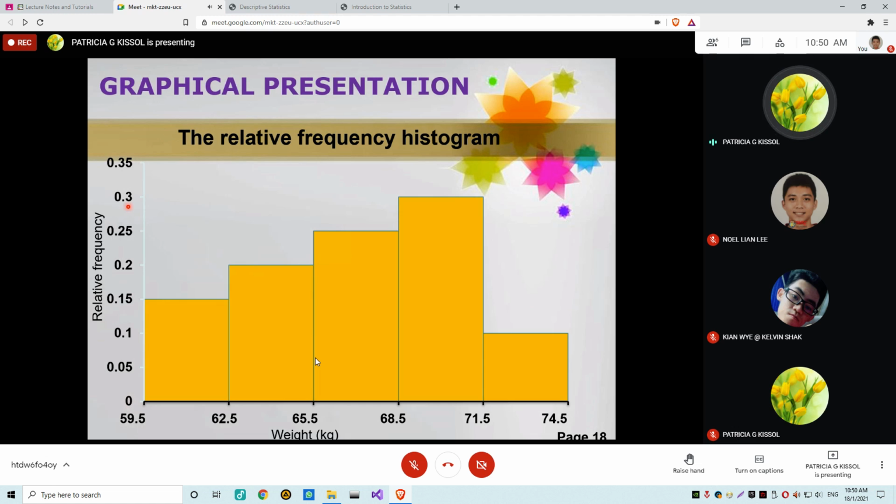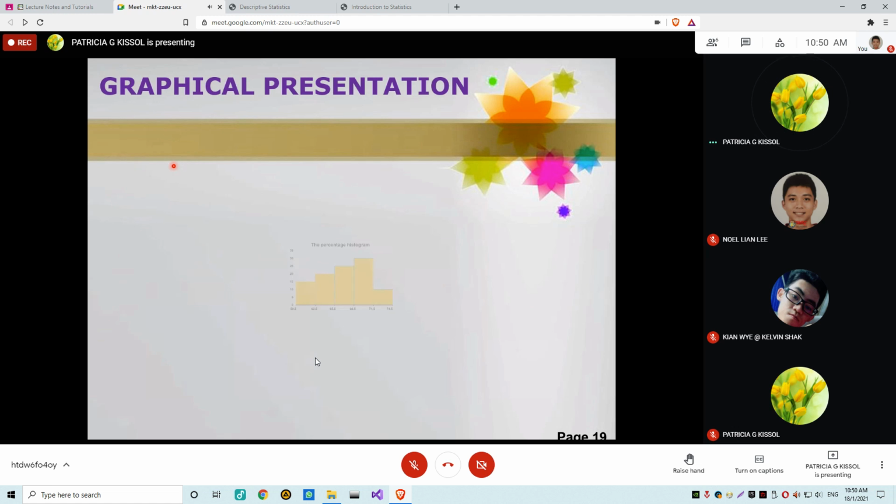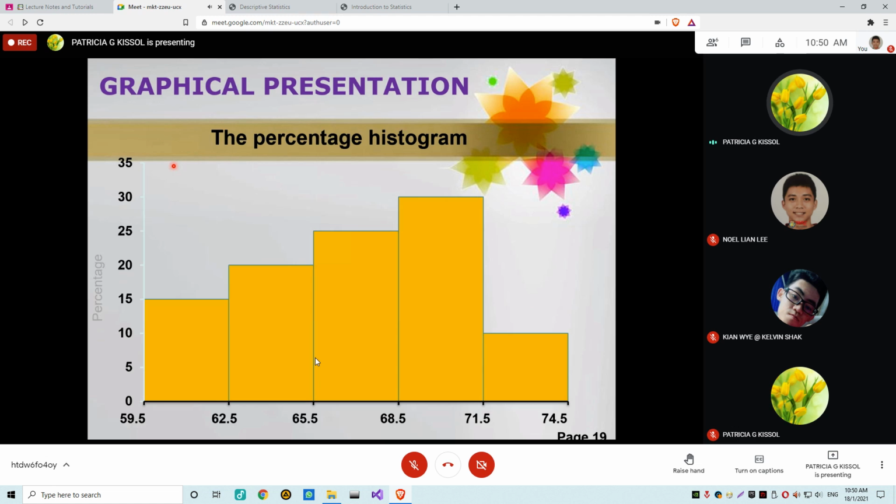I put the highest as 0.35, but actually the highest is only up to 0.3, isn't it? And also the percentage histogram. You can see now it's in percentage. Is that clear?